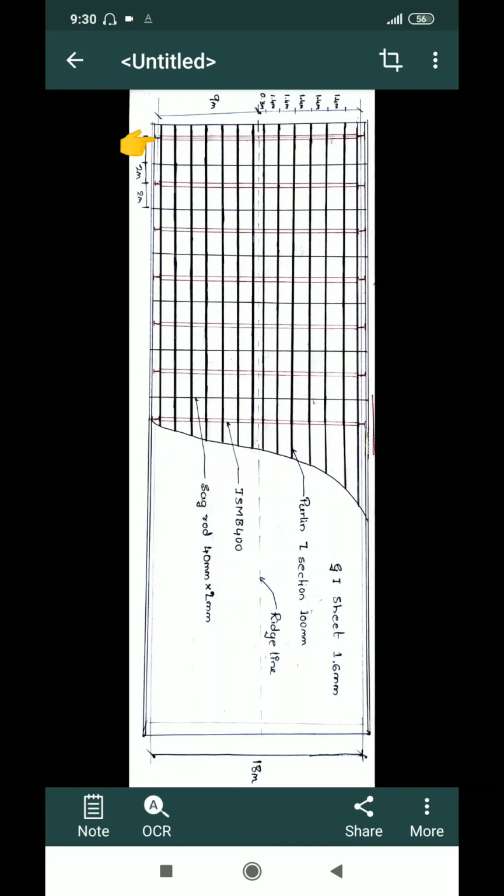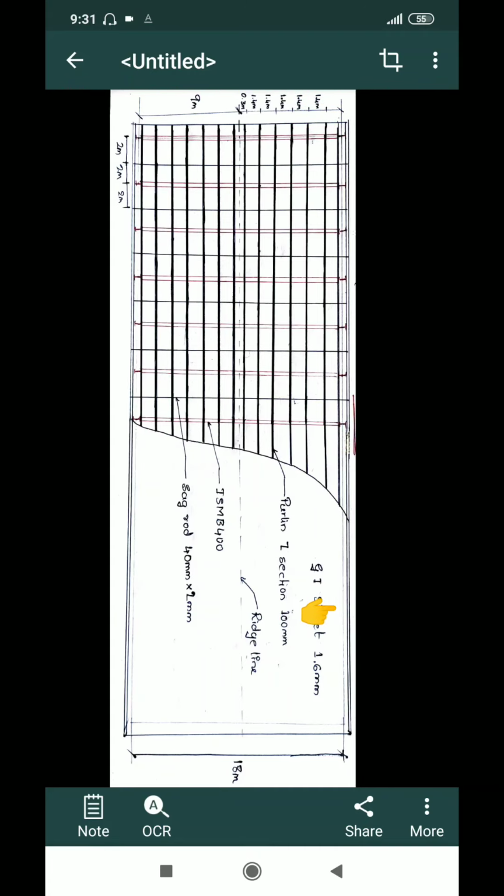Column to column spacing is 4 meters, and in between those 4 meters I am providing a sag rod. Then this sheeting is slightly extended beyond the column, so that we can provide a gutter over here, and rainwater does not fall onto the columns. So this dimension will be more than 18 meters and more than 48 meters.